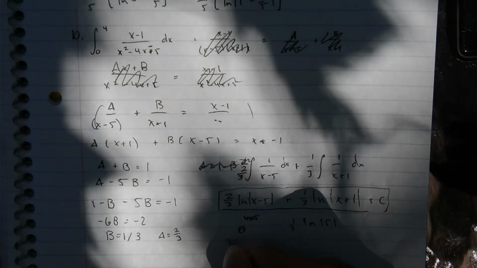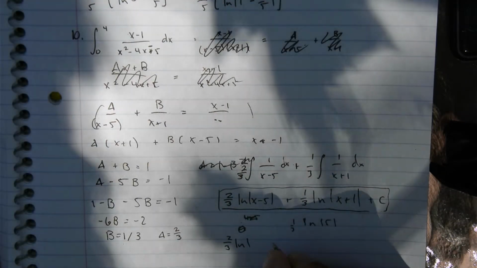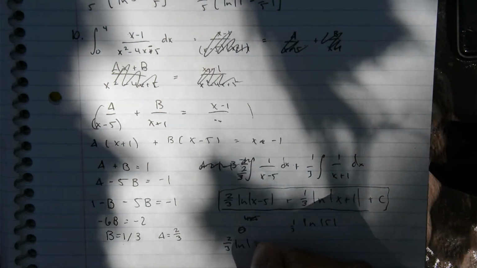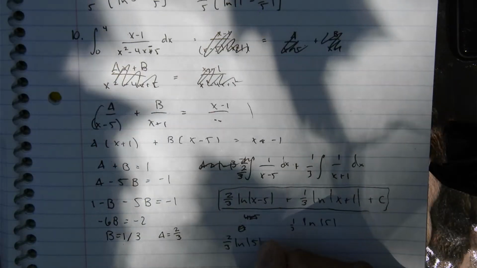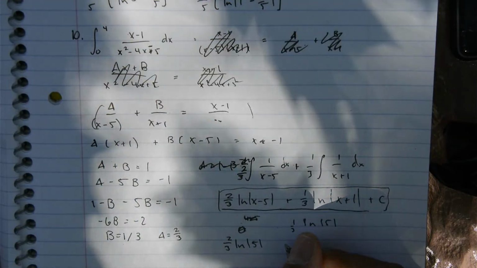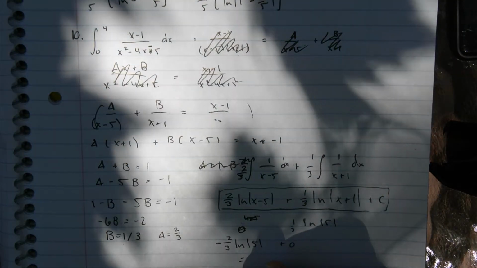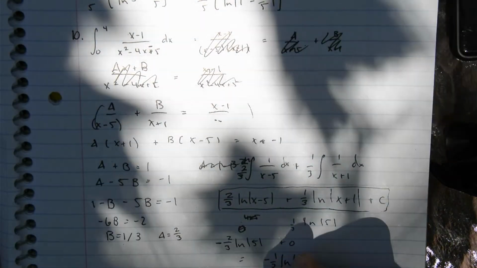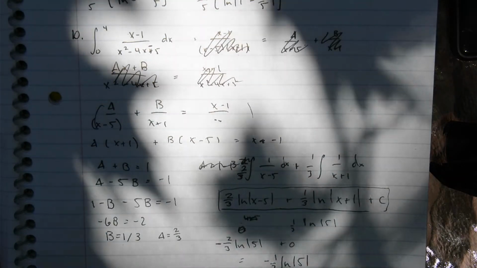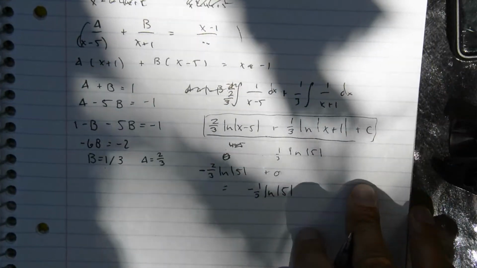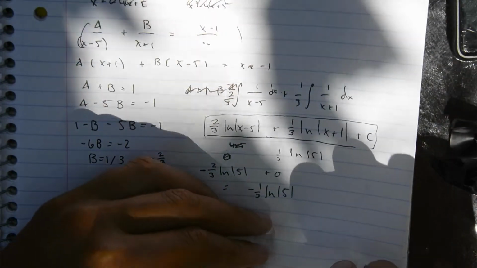This becomes 2/3 ln of 5. So this is a minus plus 0. So yeah, in the end, we get minus 1/3 ln of 5. Very nice. The definite integrals are more boring, I guess.